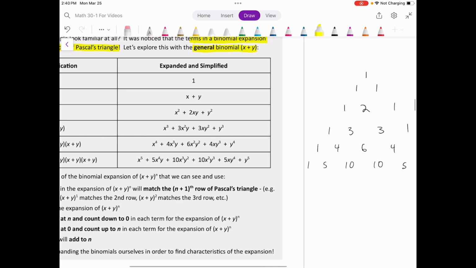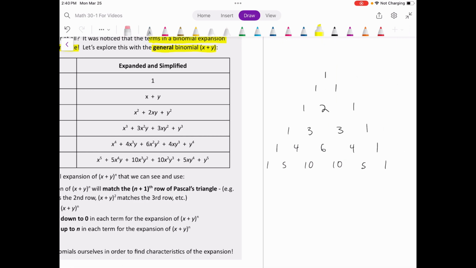This is just Pascal's triangle. If we look at the coefficients on the expanded terms, right? 1, 1, 2, 1, 1, 3, 3, 1, 1, 4, 6, 4, 1.